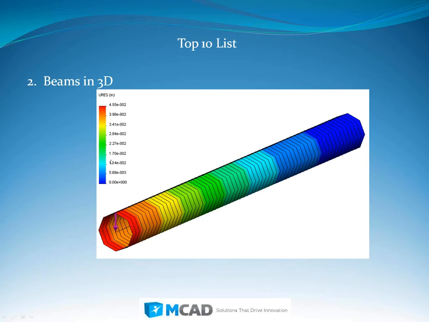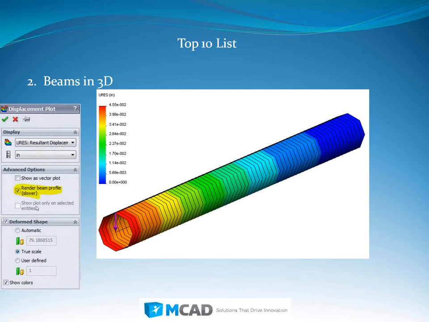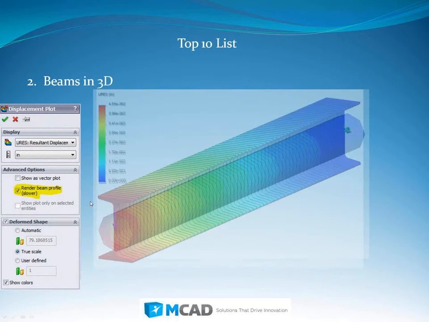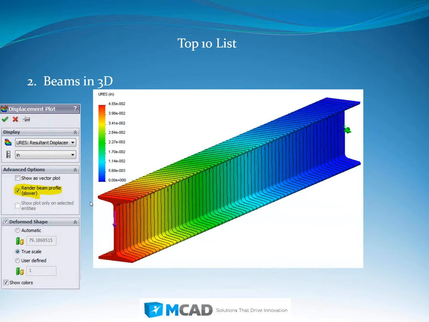We do have pretty good agreement of the deflection results there, and I can in fact switch over to render this information on the beam profile. If I use that option within the setup of the plot, I'll get something that looks like this. So we get a lot more accurate representation of the geometry with the same information that we had before on the more generic beam plot.